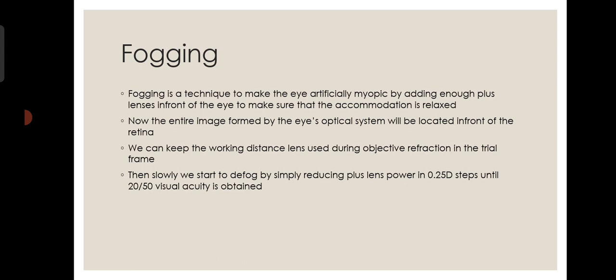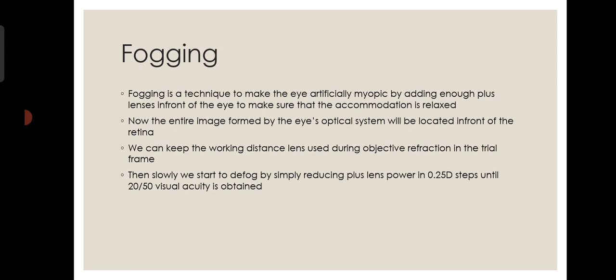So fogging is a technique to make the eye artificially myopic by adding enough plus lenses in front of the eye to make sure that the accommodation is relaxed. Now the entire image formed by the eye's optical system will be located in front of the retina. That means you are making the patient artificially myopic.